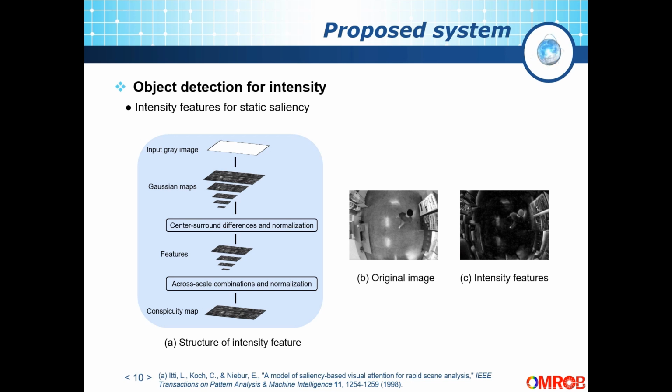Each scale is computed with a center-surround difference operation, similar to the visual receptive field. Center-surround difference operations are differences between a fine scale and a coarse scale with point-by-point subtraction. A conspicuity map is combined by a cross-scale combination, which consists of rescaling each image to scale 4 with point-by-point addition.